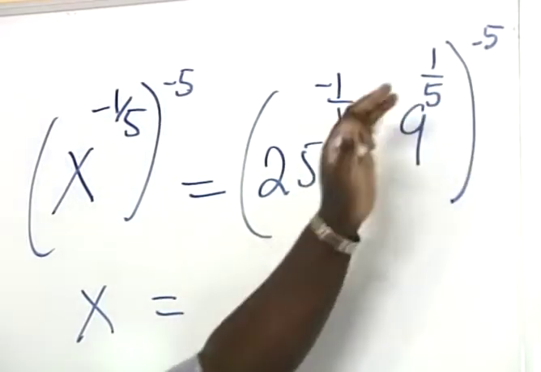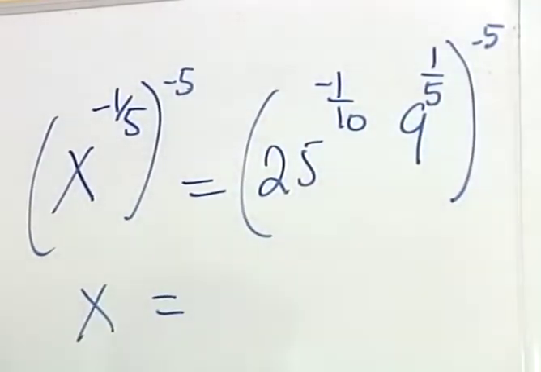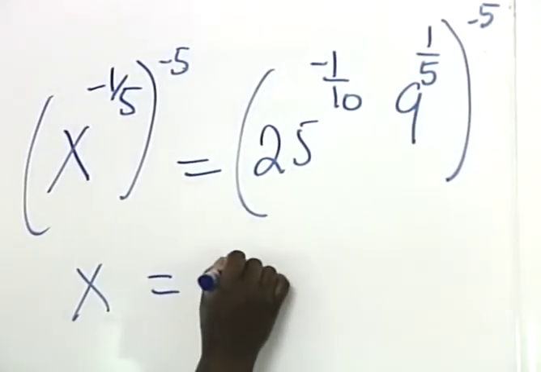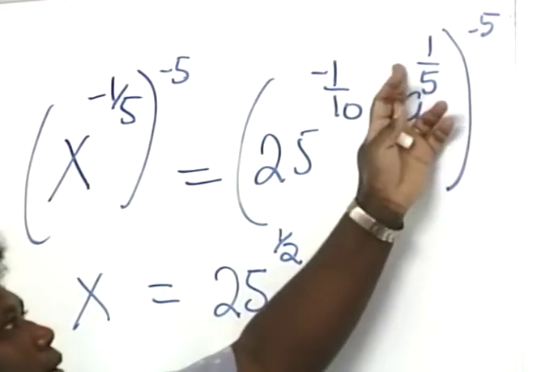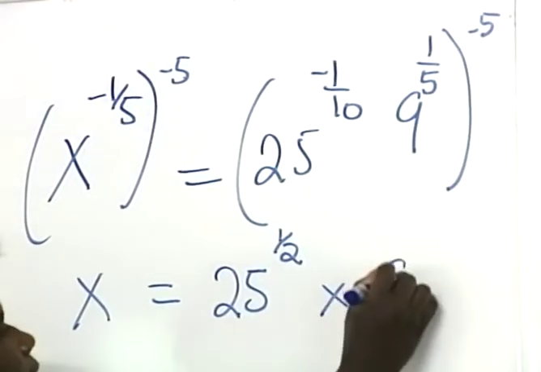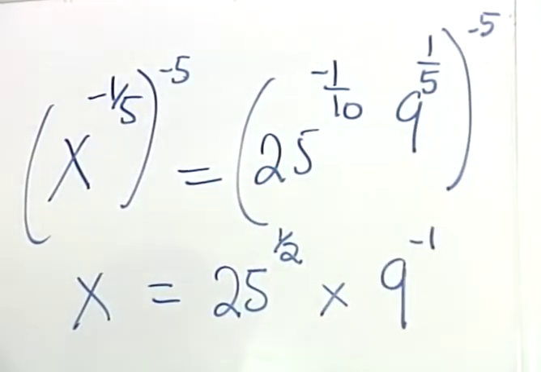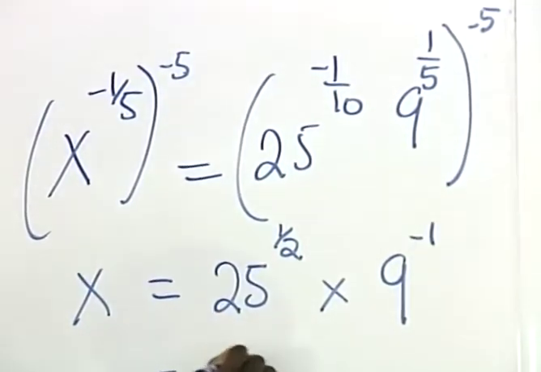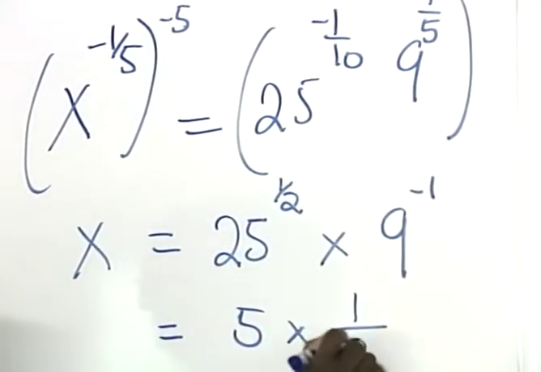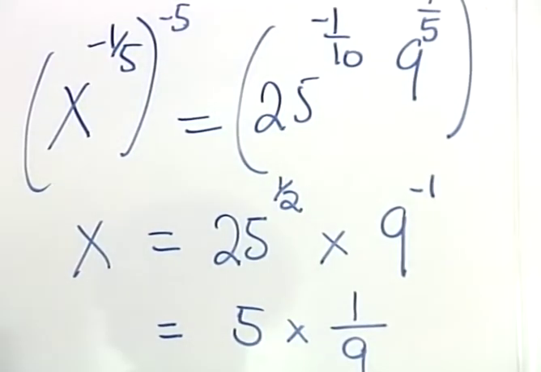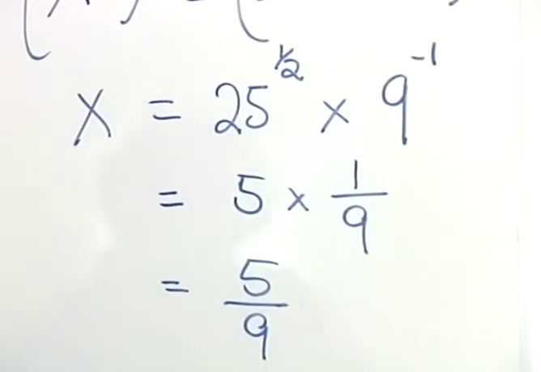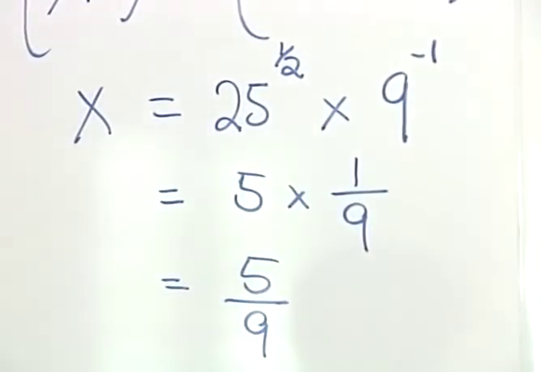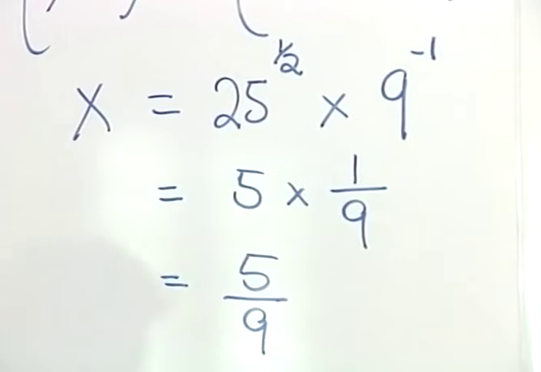Okay, negative 5 times negative 1/10 is a half, so you now have 25 to the power of a half multiplied by negative 5 multiplied by 1/5 will give us negative 1. So minus 1. Clear? Okay, that's 5 times this one is 1 over 9. So the answer 5 on 9. Okay. Question 1, letter D, E, and F.